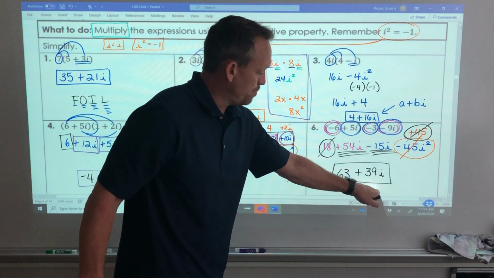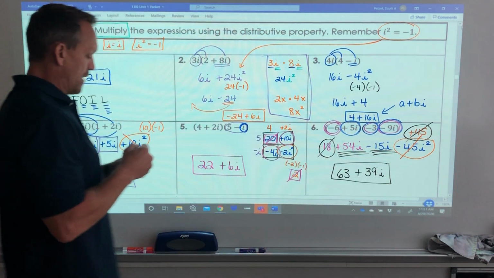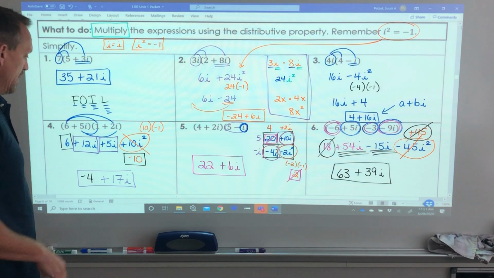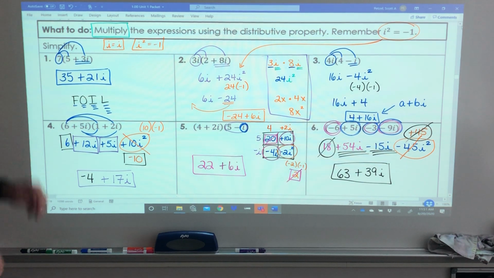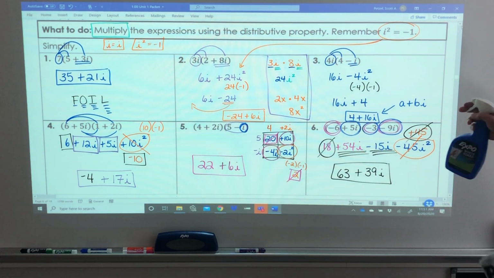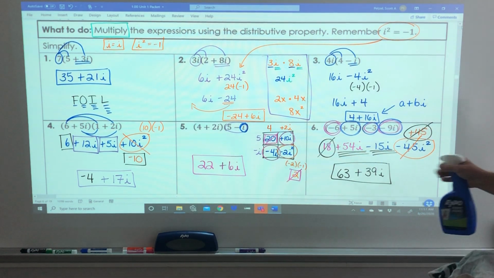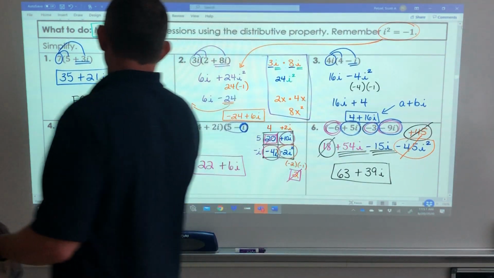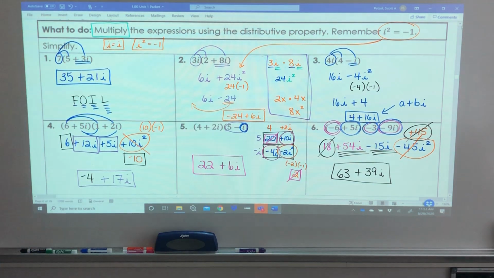A plus bi. Okay? Standard form, standard form, standard form. Take a little screenshot of that or whatever the case may be, and we're going to roll on to the next ones. The next ones get a little tricky. Promise, the next ones get a little tricky. Okay, so please understand, a little bit tricky.